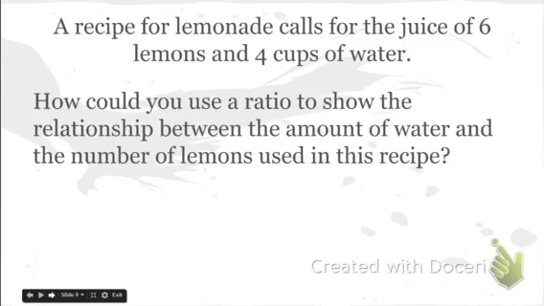All right, here we go. So let's do one. A recipe for lemonade calls for the juice of 6 lemons and 4 cups of water. Here's my question to you, and I want you to just pause after I read the question and talk to your parent or teacher about it, and jot down some thoughts in your notebook.